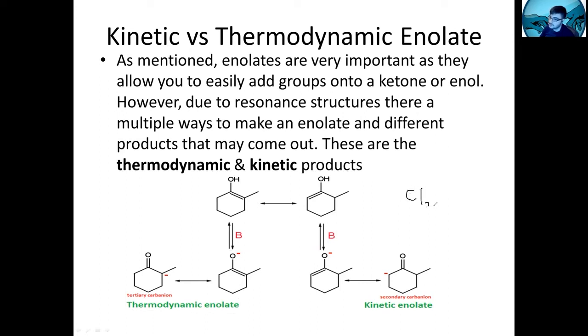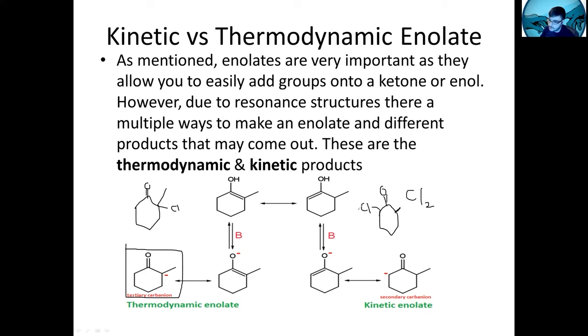So for example, if I wanted to add Cl2, if I wanted to add a chlorine group onto these, if I was adding it onto this one, I would get this as my product. Whereas if I wanted to add it to this one, I would get this.